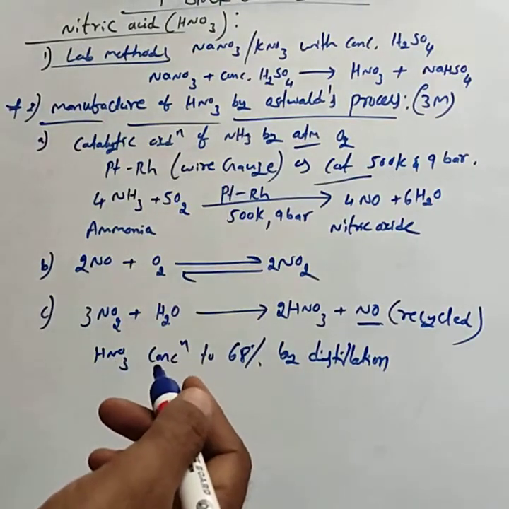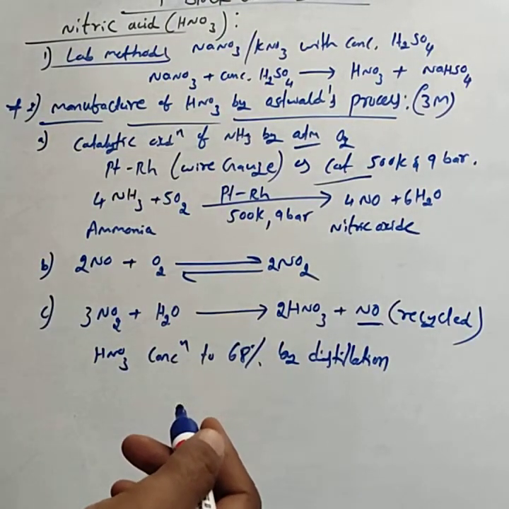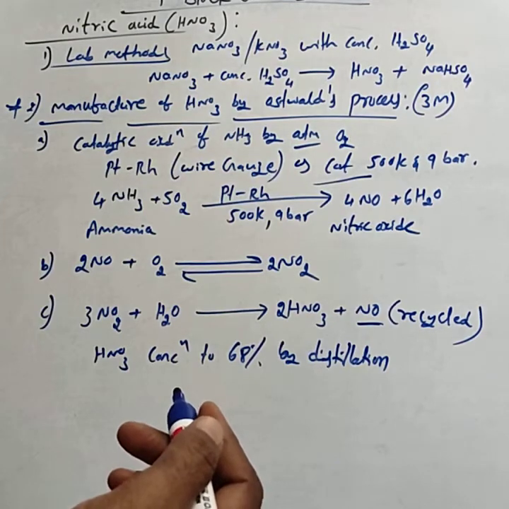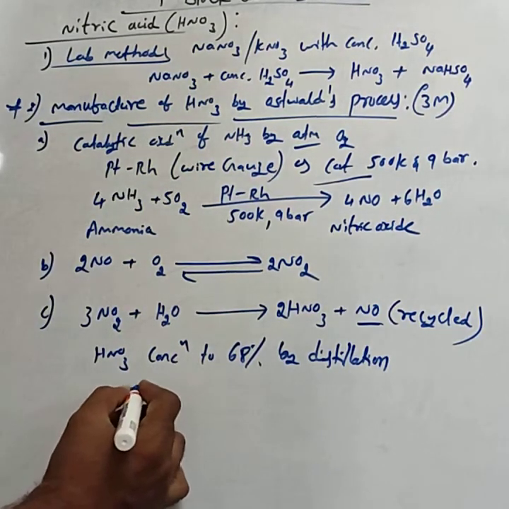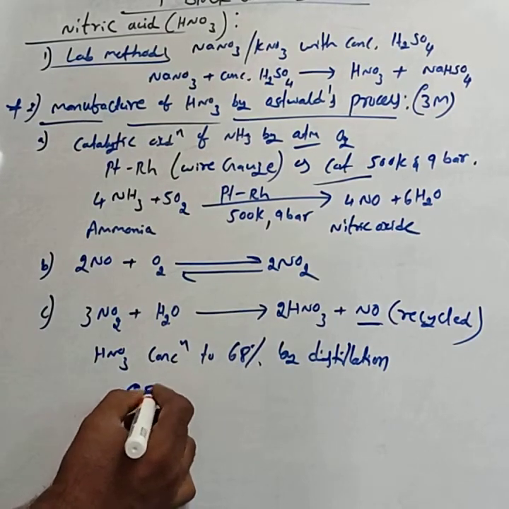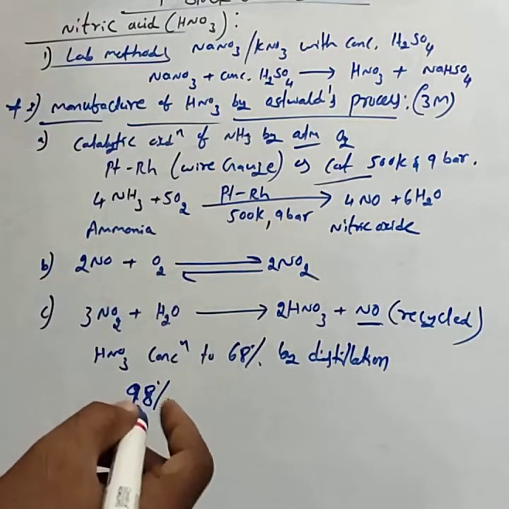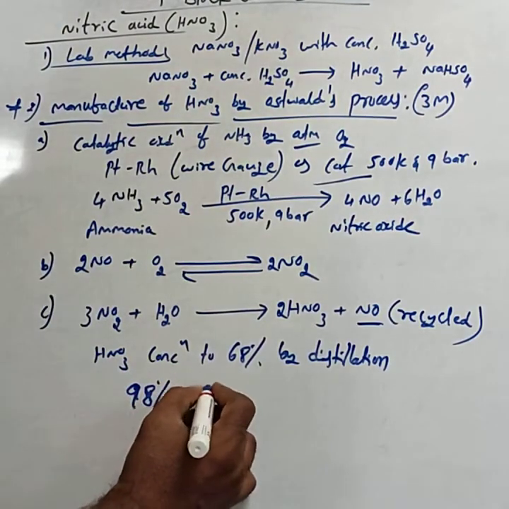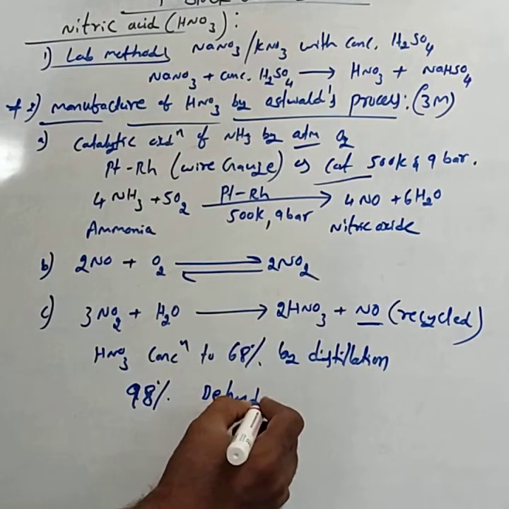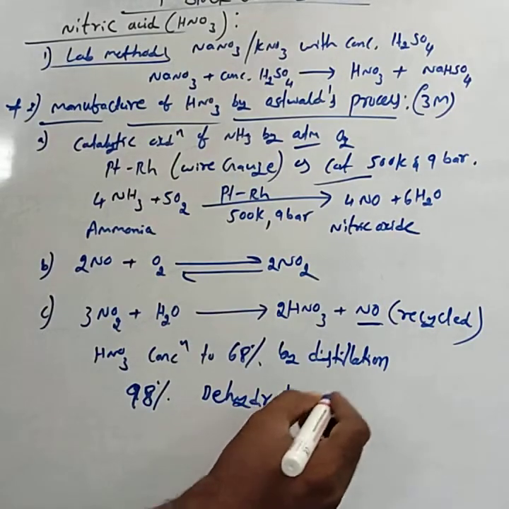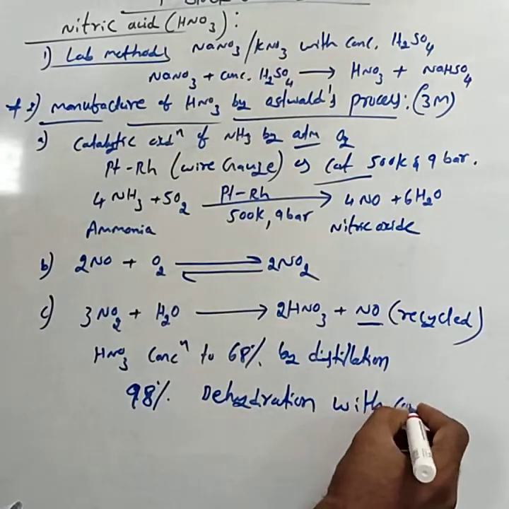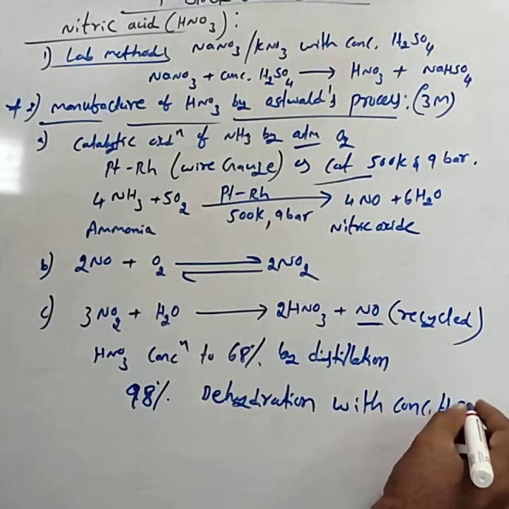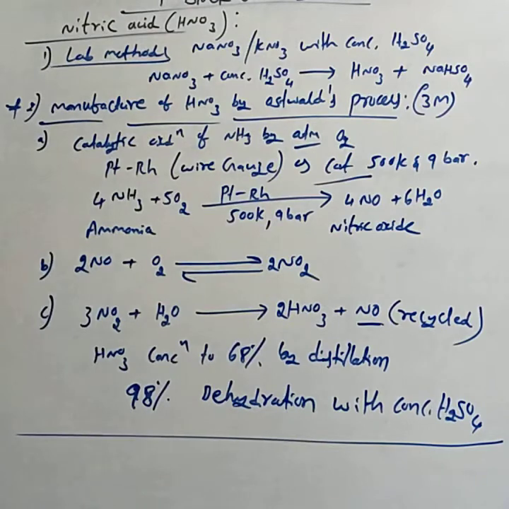Then it is further concentrated to 98% by dehydration. Very important for 1 mark: by dehydration with concentrated H2SO4. This is the concentration of the nitric acid formed.